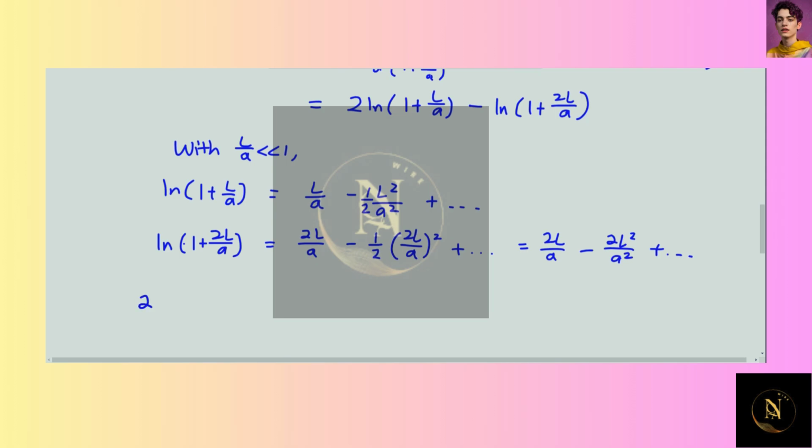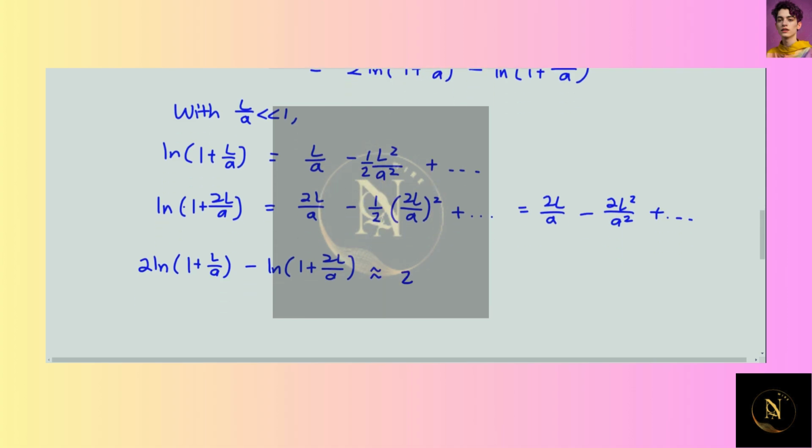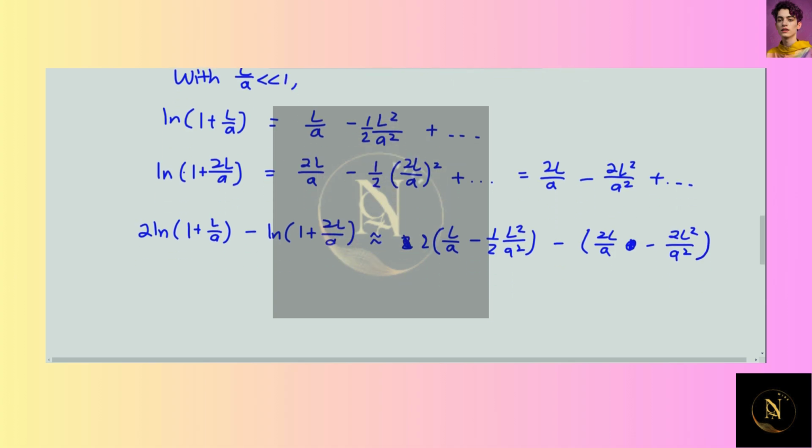So 2 natural log (1 plus L over A) minus natural log of (1 plus 2L over A) is approximately equal to, I'm just going to go until the L over A squared term, 2 times (L over A minus half L squared over A squared) minus 2L over A plus 2L squared over A squared.